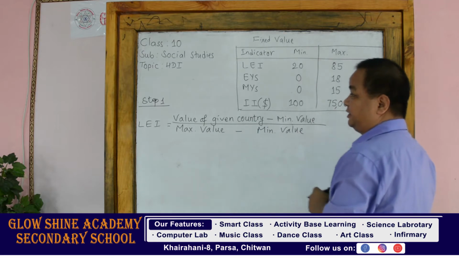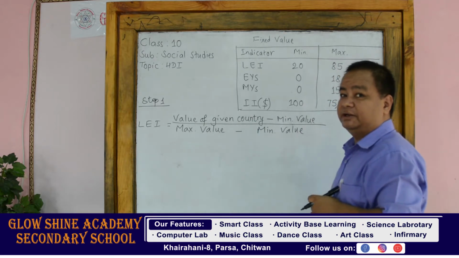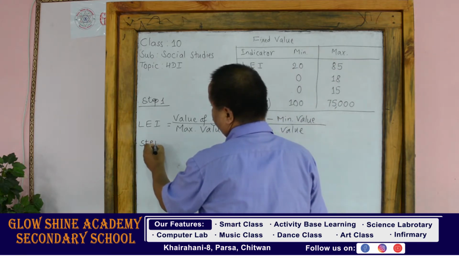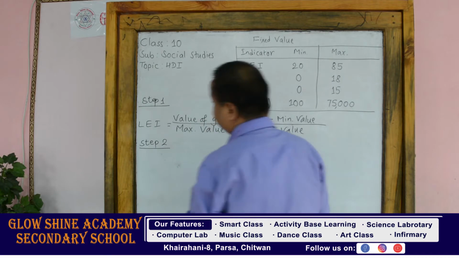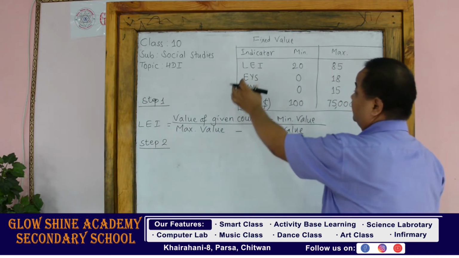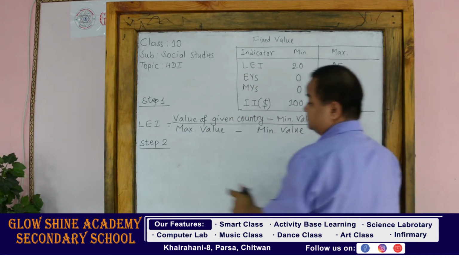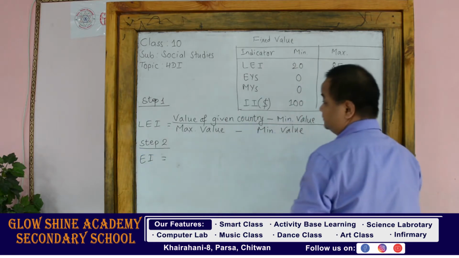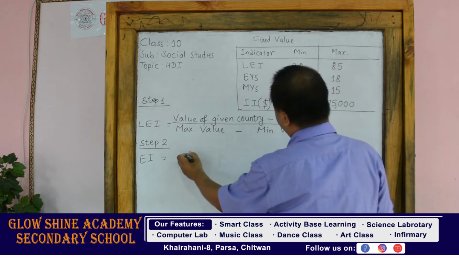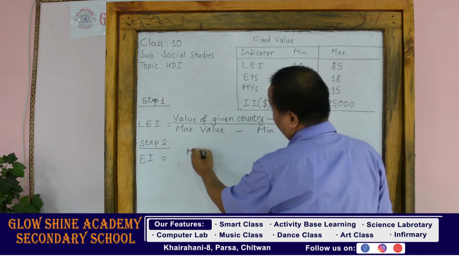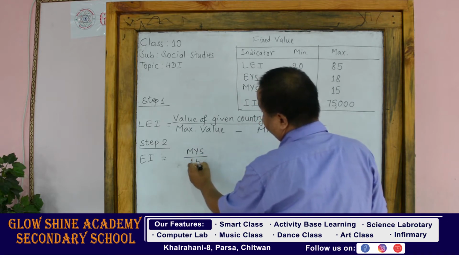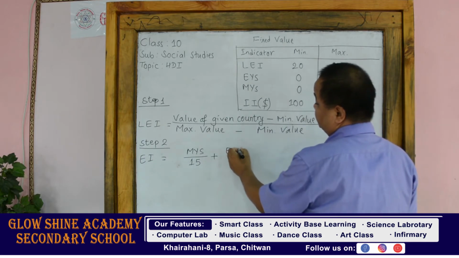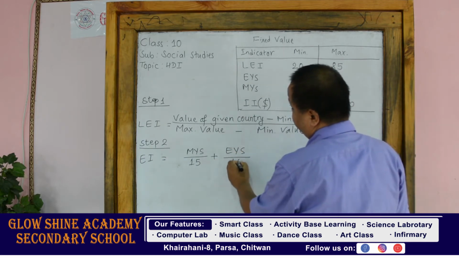This is the first step to calculate the SDI, and second, step 2, education index is equal to MYS divided by 15 plus EYS divided by 18.